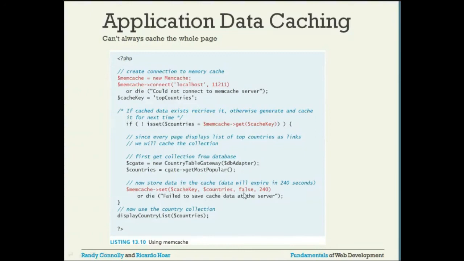Client can add some additional information, so false means the client will not be able to add. And 240 is the expiration of this particular data. So data will expire in 240 seconds. That is the meaning. So this is how you will set the data in the cache.